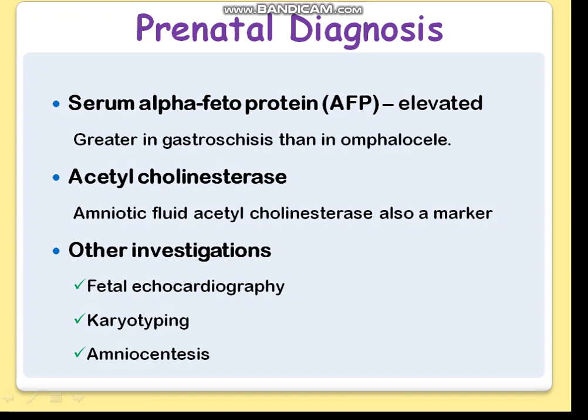Now coming to the diagnosis of this condition. Prenatal diagnosis of this condition is feasible, and the various tests you can do are serum alpha fetoprotein അല്ലെങ്കിൽ AFP.